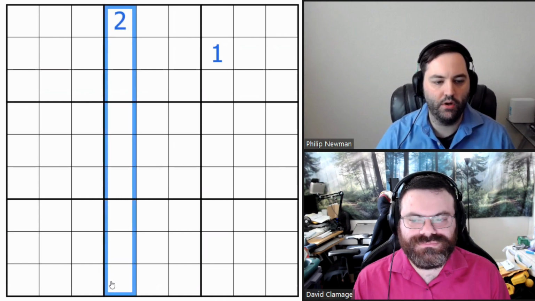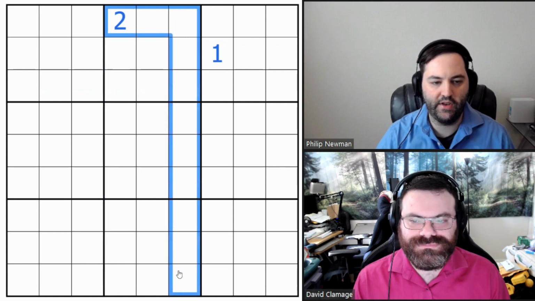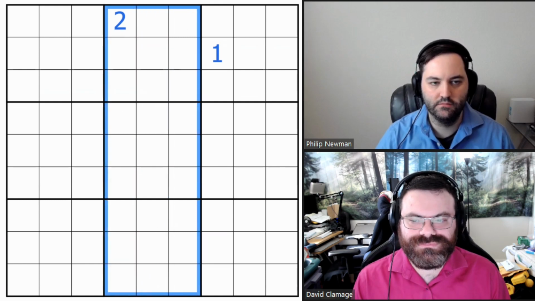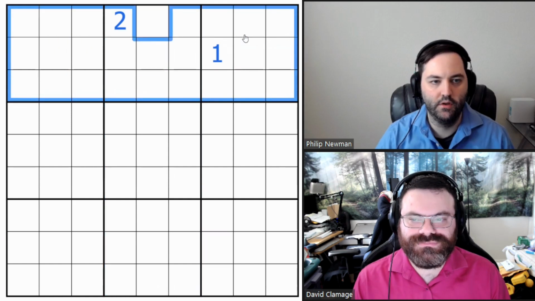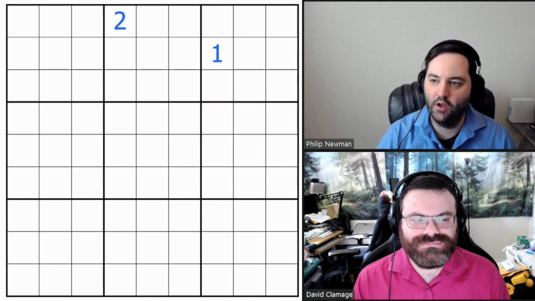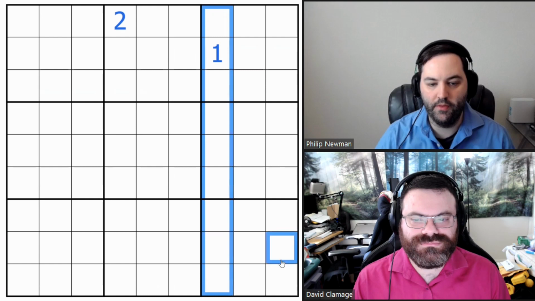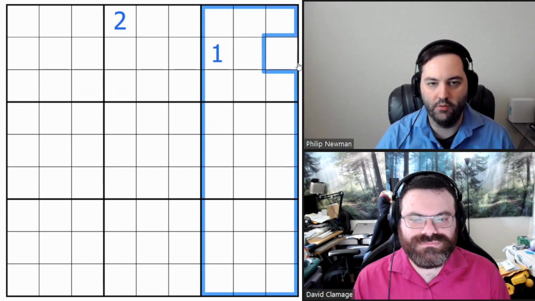You can also swap columns within a band, or within a stack. Yep. So a stack is a set of 3 boxes vertical. A band is a set of 3 boxes horizontal. You can swap columns within a stack. You can swap rows within a band. You can swap the bands or the stacks entirely.